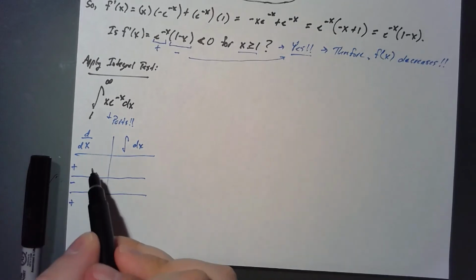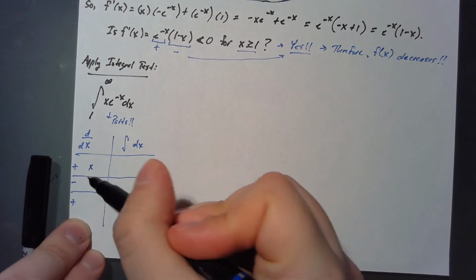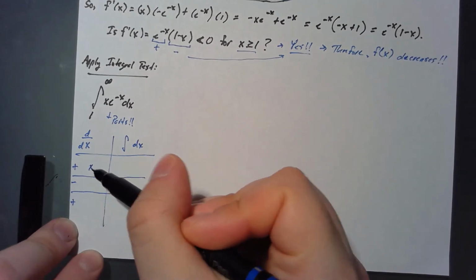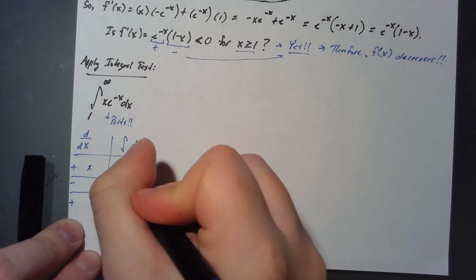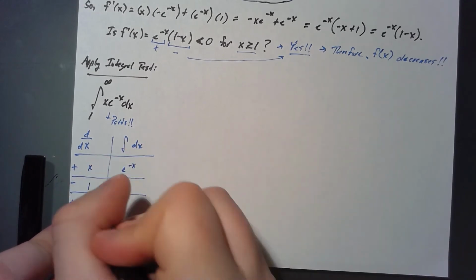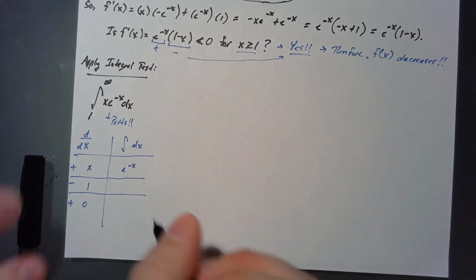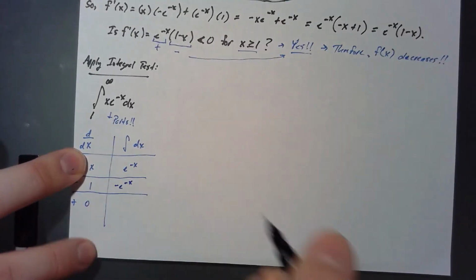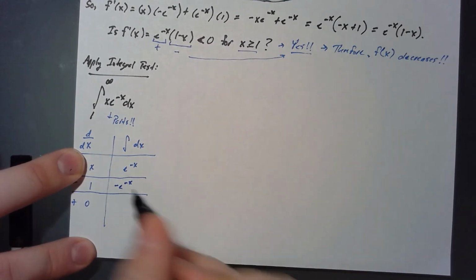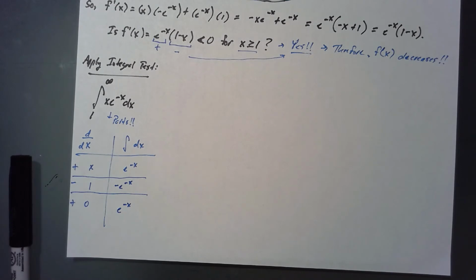So what's going to go here? x. Because remember, with integration by parts, you differentiate till you get 0. e to the negative x. Differentiate x, you get 1. Differentiate 1, you get 0. Integrate e to the negative x, you get negative e to the negative x. Integrate this, you're going to get e to the negative x.